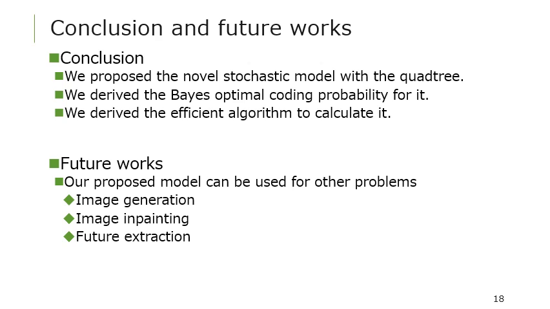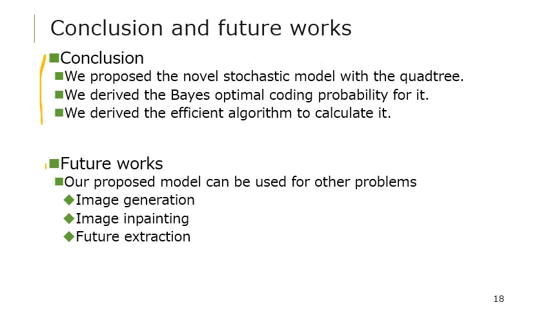At last, I conclude this presentation and introduce future works. These are the conclusion. We propose the novel stochastic model with the quad tree. We derived the Bayes optimal coding probability for it, and we derived the efficient algorithm to calculate it.